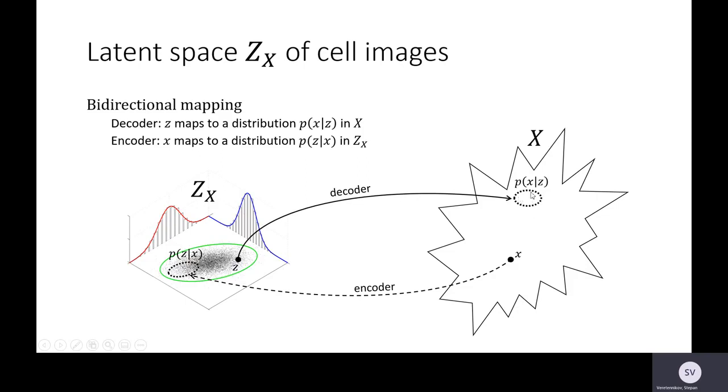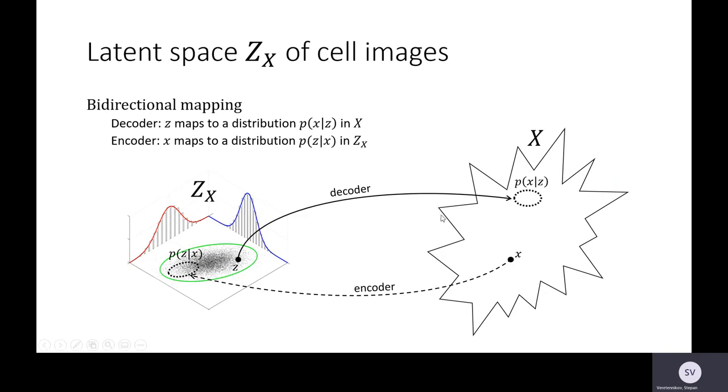The distribution P of X given Z can be very narrow. It usually contains images that are really close and similar to each other, but still it is not a point, it is a distribution, and this is the essence of generative modeling.